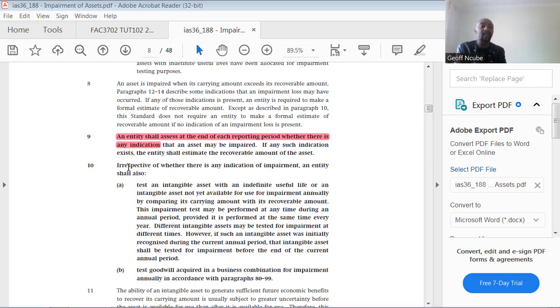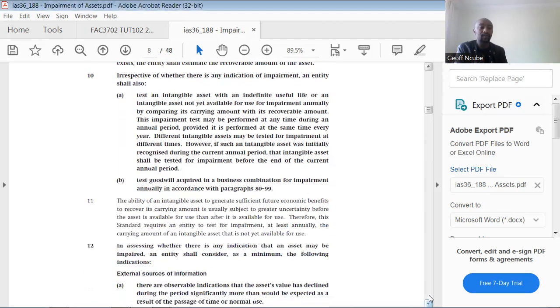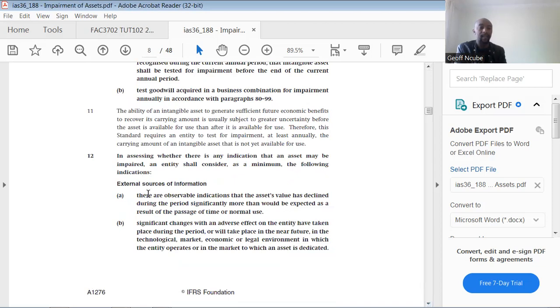So these are the different indications, right? I'll just read one of them. If we go to paragraph 12, there are observable indications that an asset's value has declined during the period significantly more than would be expected as a result of passage of time or normal use.